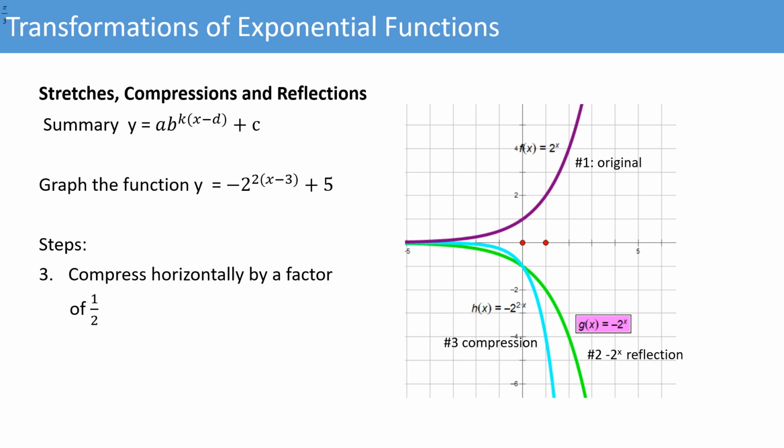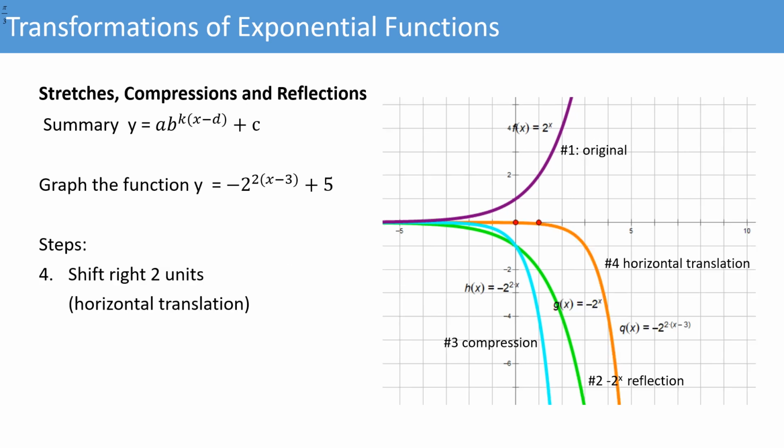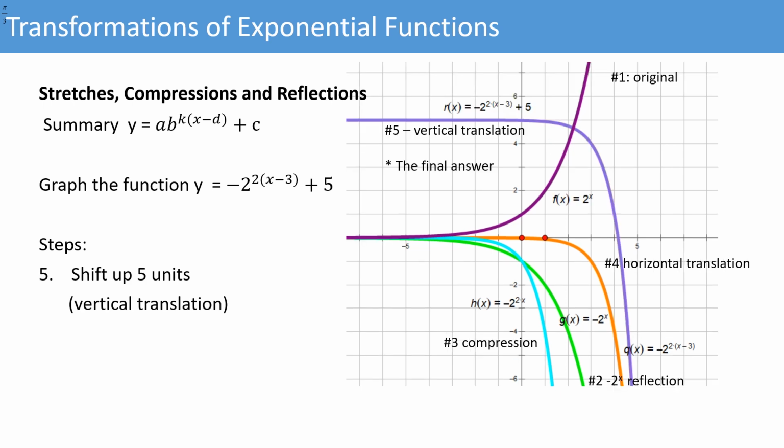It's compressed horizontally by a factor of 1/2. It's shifted right 3 units, which is a horizontal translation. It's shifted up 5 units, which is a vertical translation.